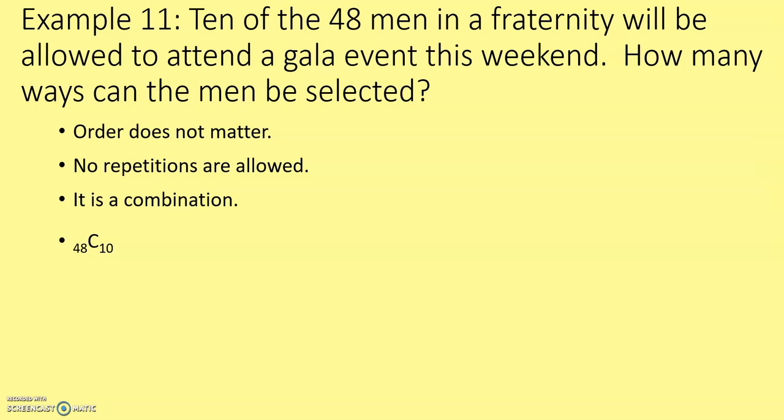Use the combination formula. 48 factorial divided by 10 factorial times 48 minus 10 factorial. 48 factorial divided by 10 factorial times 38 factorial. 6,540,715,896 ways to choose 10 of the 48 men in the fraternity.